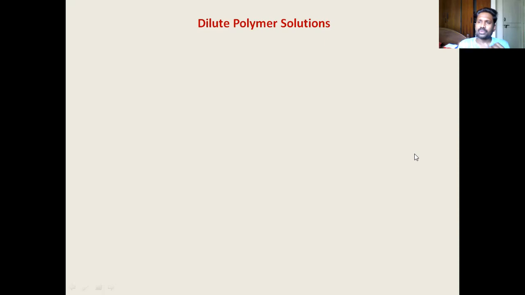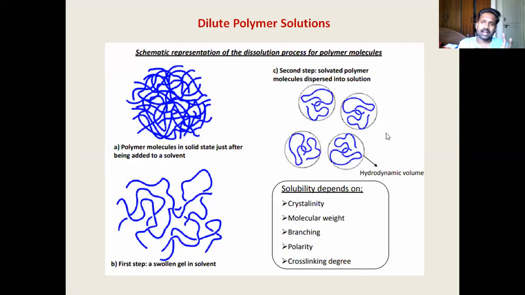Because of this diffusion, there is homogeneity in the solution later. It can be very instantaneous. All these steps can happen instantaneously if the solute is soluble in the solvent. But for a polymer solution, it doesn't happen instantaneously. Therefore, some extra terms have to be coined for the solubilization of polymers.